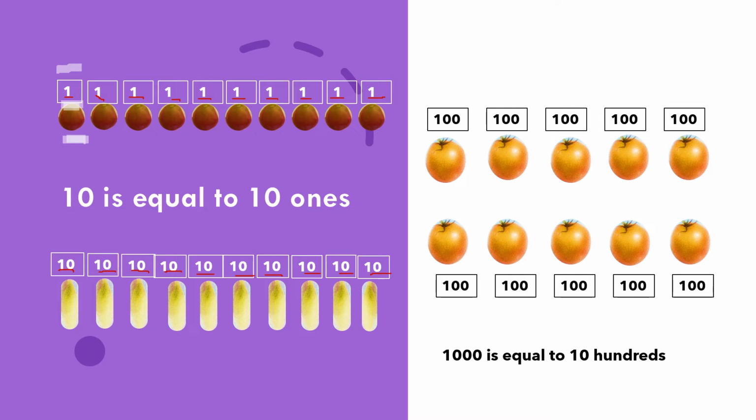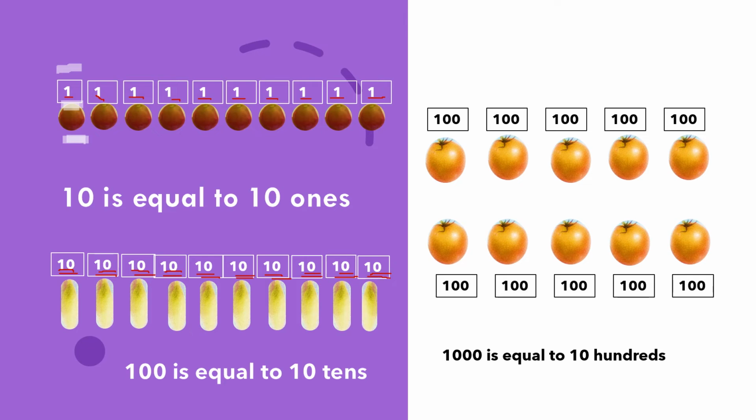Let us count by tens. 10, 20, 30, 40, 50, 60, 70, 80, 90, 100. 100 is equal to 10 tens.